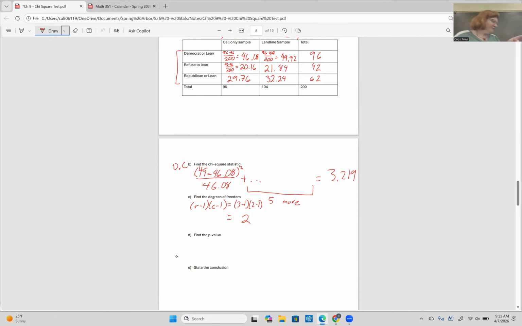We have 5 degrees of freedom. Is there something else?